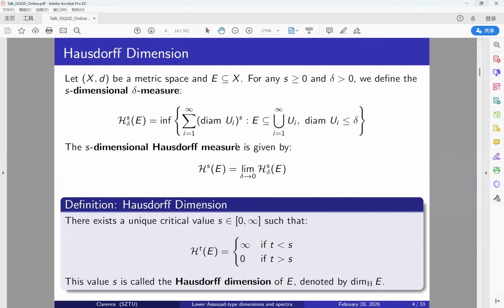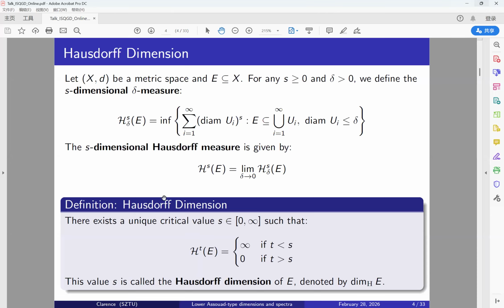We have to be clear that the diameters of the U_i are no more than delta, but can be chosen arbitrarily small, close to zero. Since the s-dimensional delta measure is monotonic with respect to delta, we can also define the s-dimensional Hausdorff measure like this.